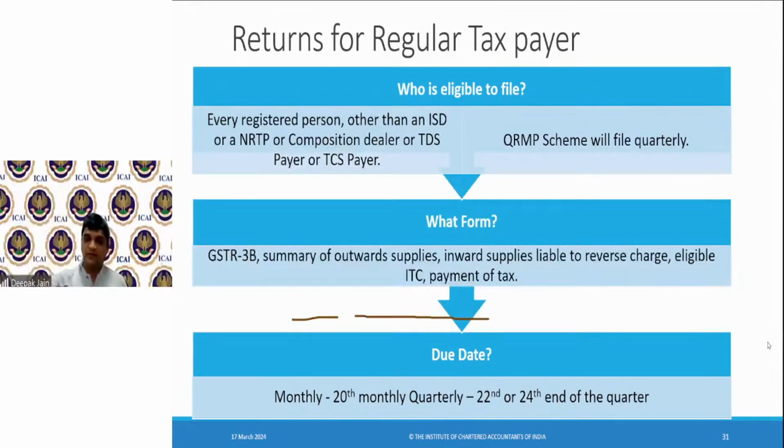So if I am a monthly filer, for the month of April, I will file it by the 20th of May. If I'm a quarterly filer for April, what will be the due date?